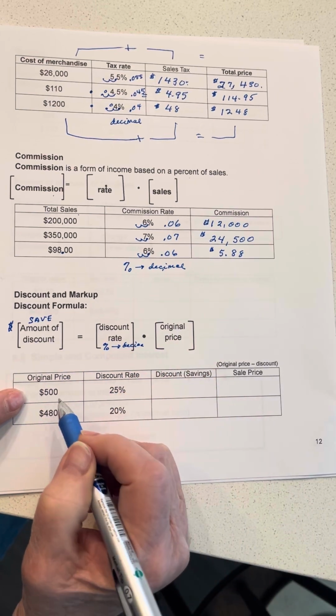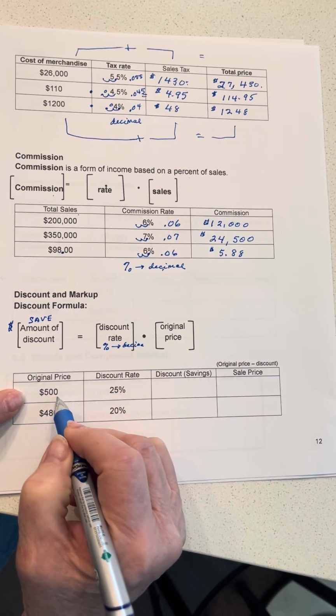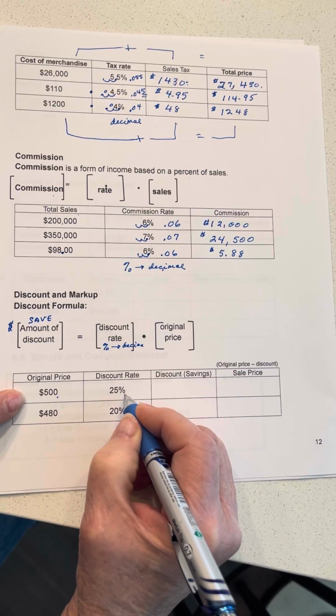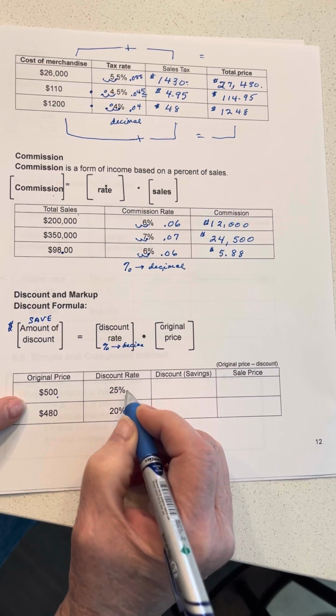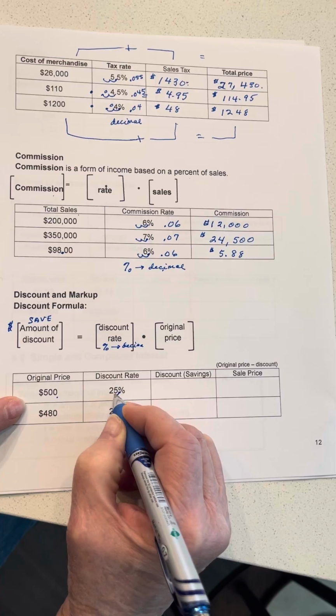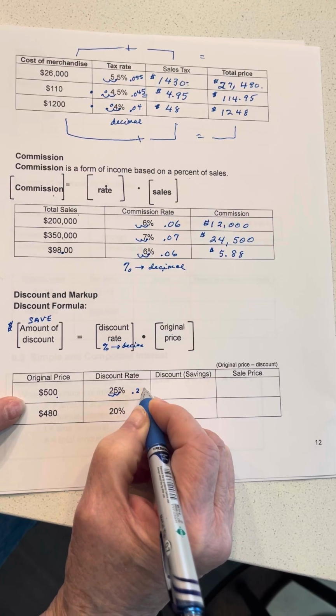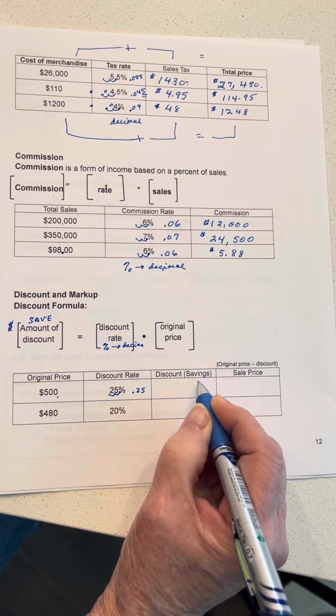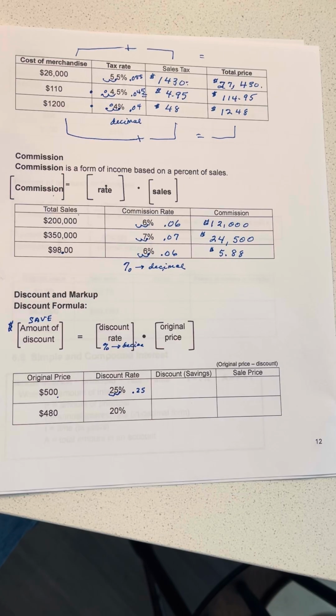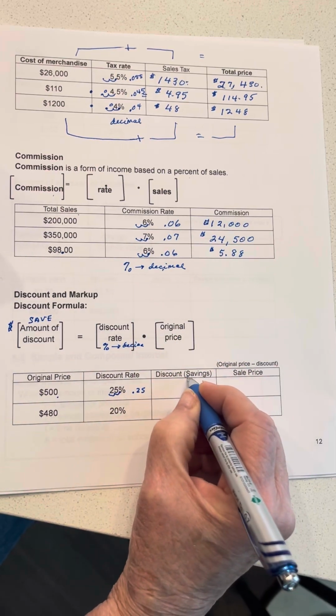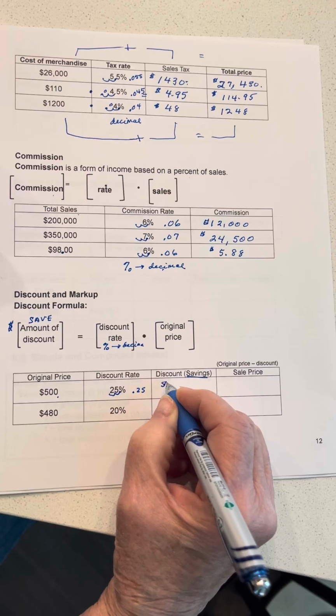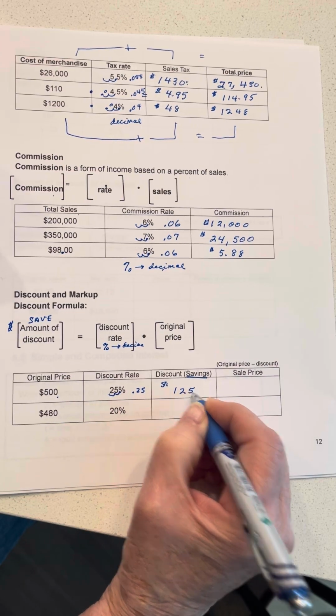So if something had a price tag of $500 and it's being discounted at 25%, we're going to change this to a decimal, and to find the discount or the savings, we're going to multiply 500 times 25 hundredths, and we're going to save $125.